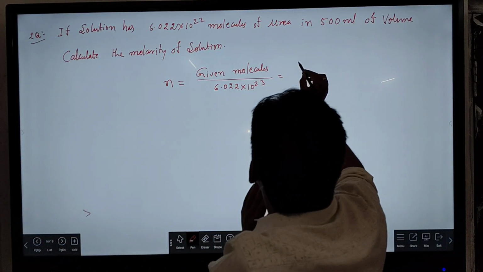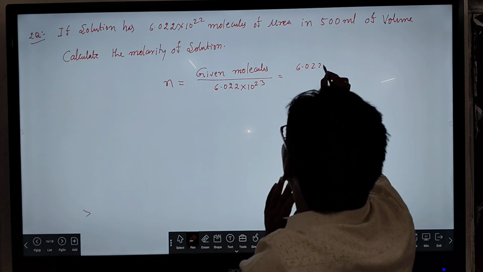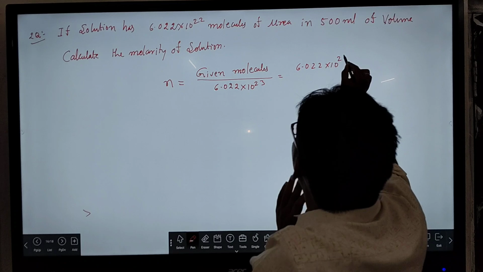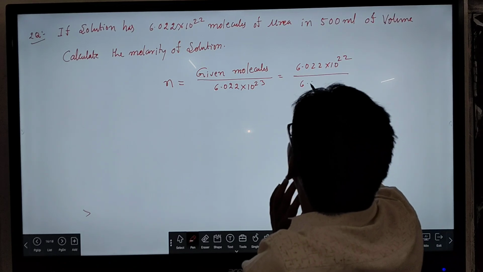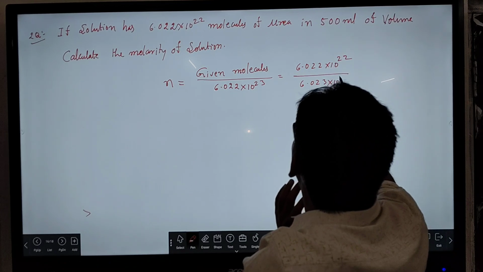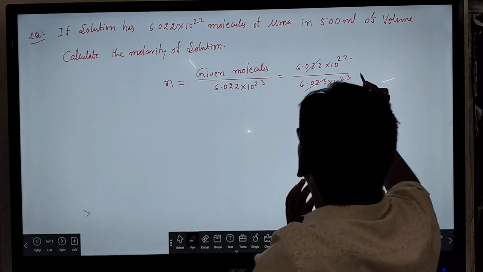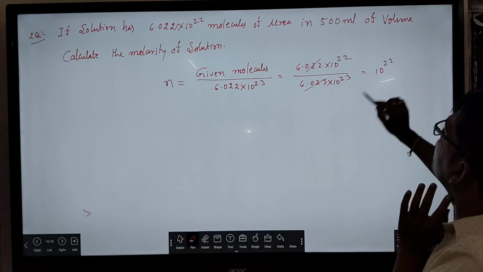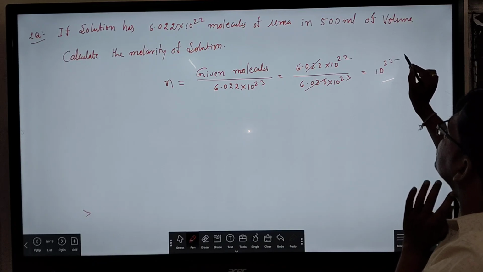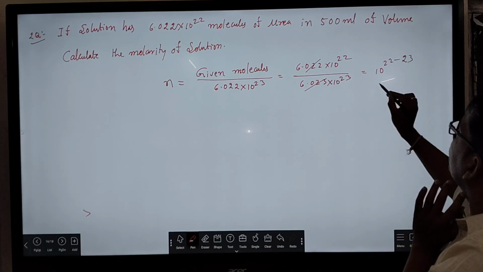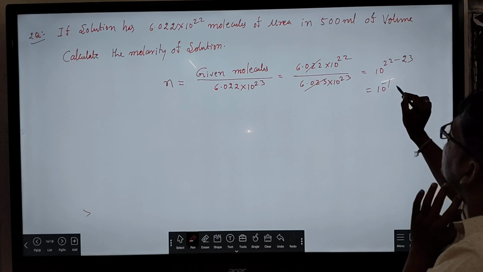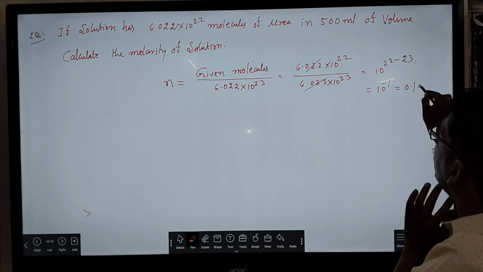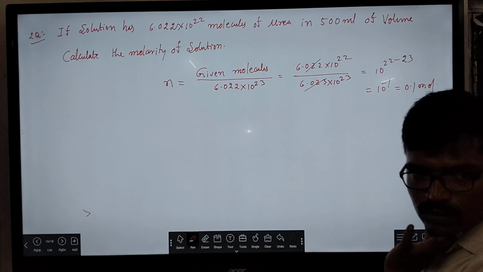So 6.022 into 10 to the power of 22 divided by 6.023 into 10 to the power of 23. The 6.023 cancels, then 10 to the power of 22 minus 23 gives 10 to the power of minus 1, which is 0.1 moles.